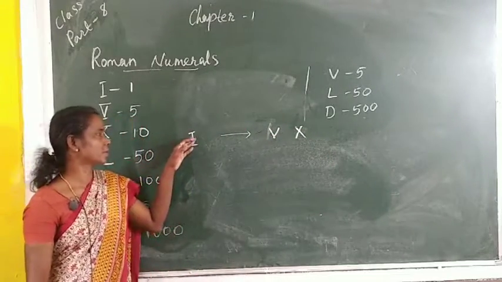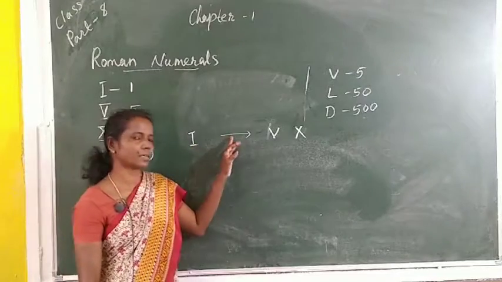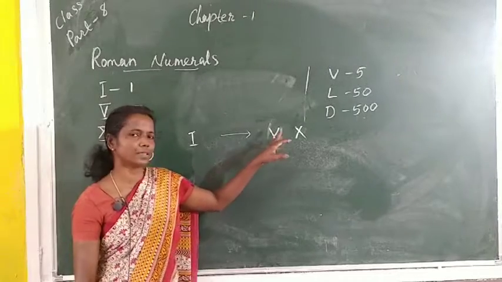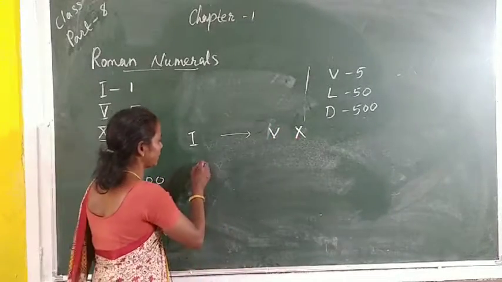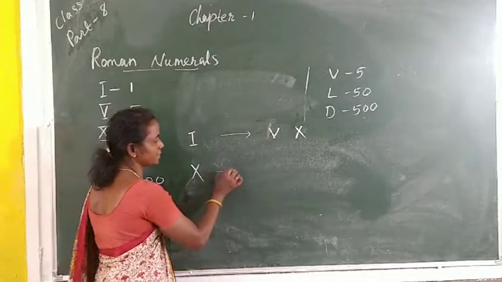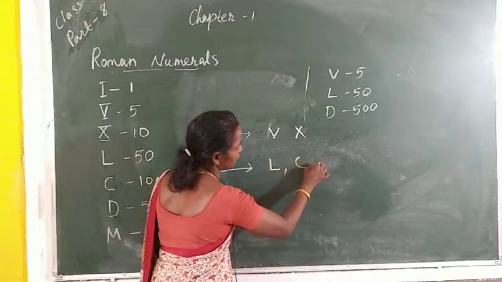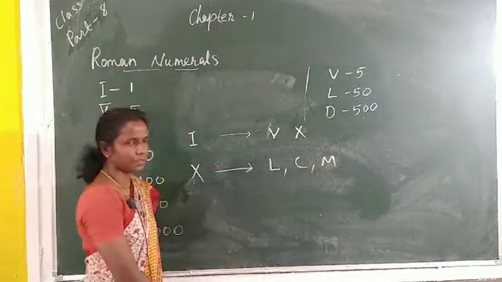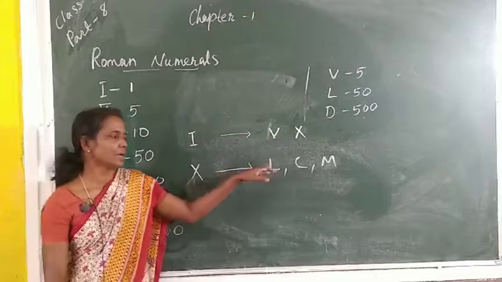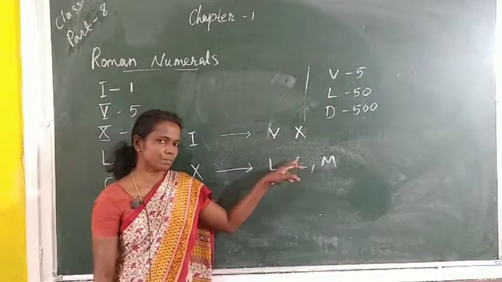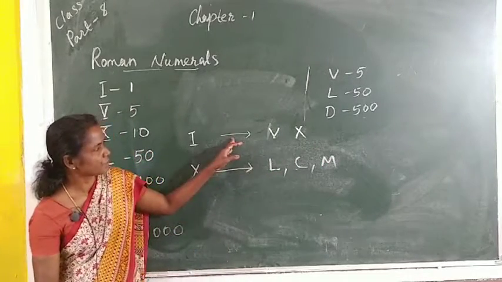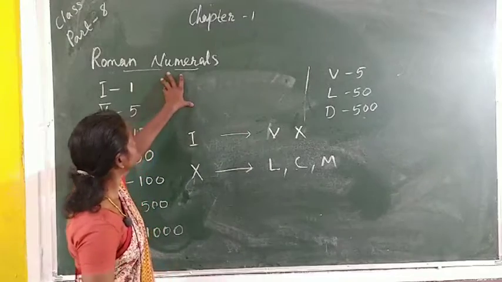And 10 can be subtracted only from which symbols? Only from 50, 100 and 1000. Is it clear? These are the rules of Roman numerals.